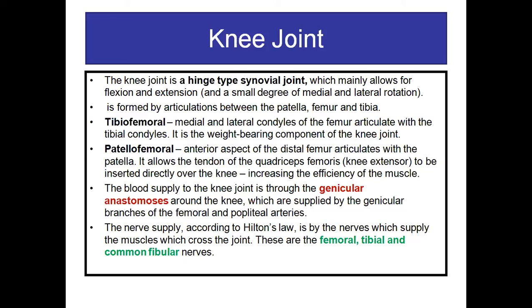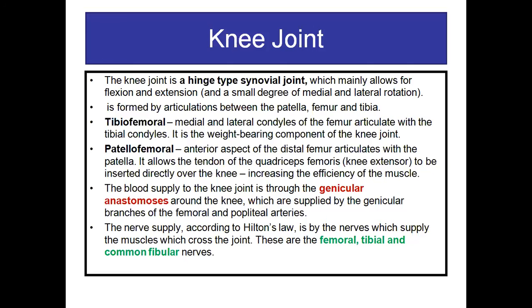Tibiofemoral: medial and lateral condyles of the femur articulate with the tibial condyles. Patellofemoral: the anterior aspect of the distal end of the femur articulates with the posterior aspect of the patella. It allows the tendon of the quadriceps femoris to be inserted directly over the knee joint, increasing efficiency of the muscle.